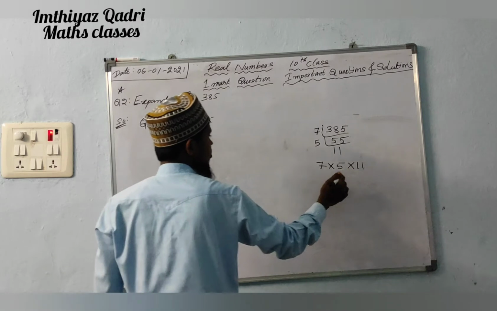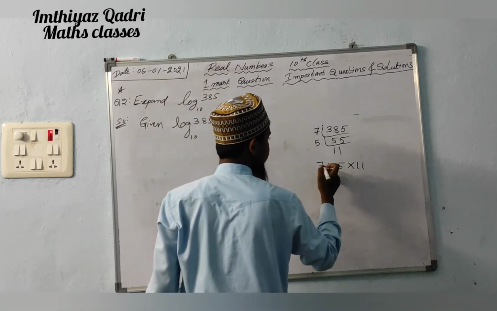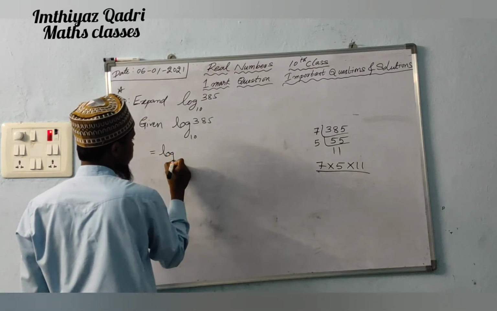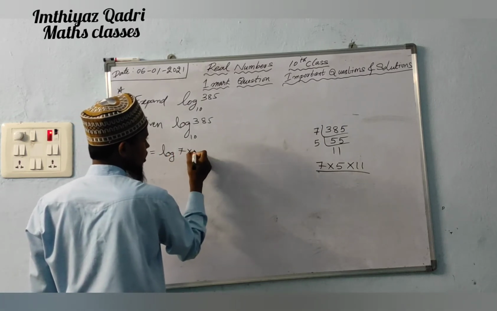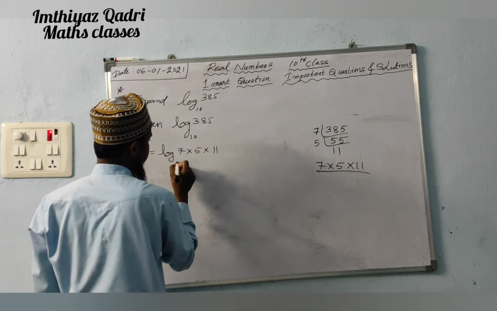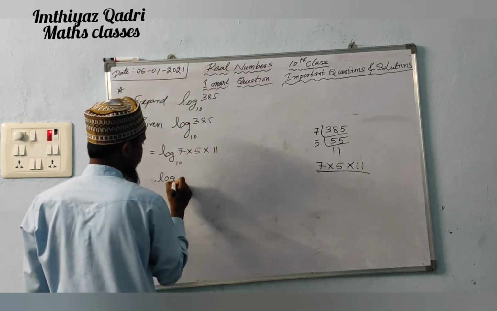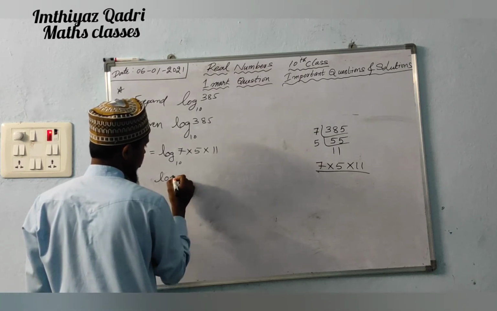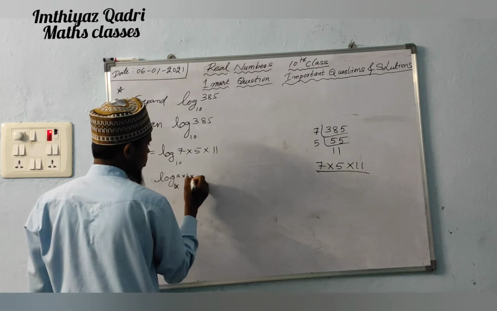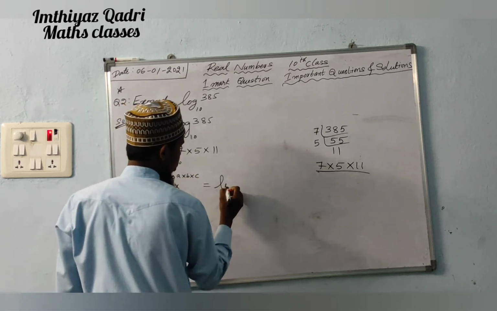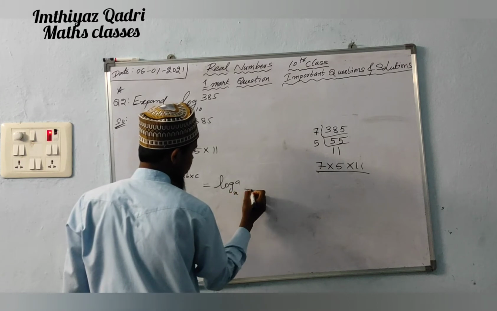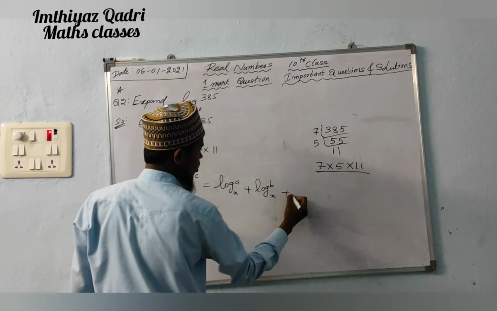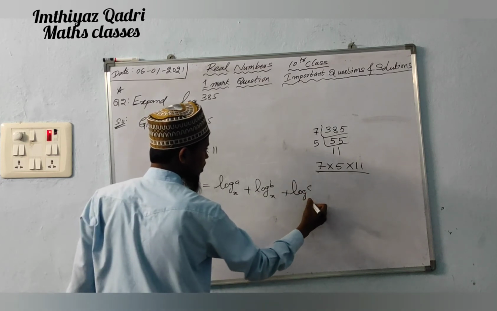Okay, substitute in place of 385 this. That is equal to log of 7 into 5 into 11 base 10. Log of a into b into c base x is equals to the formula: log of a base x plus log of b base x plus log of c base x.